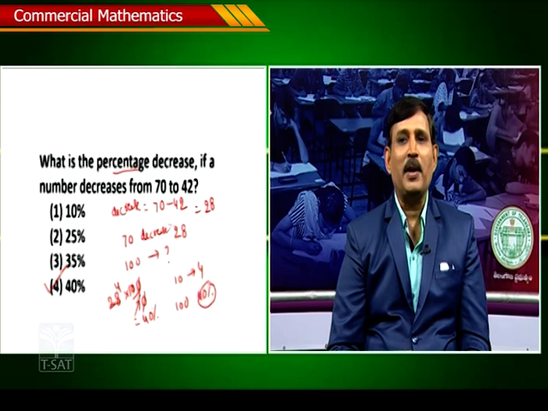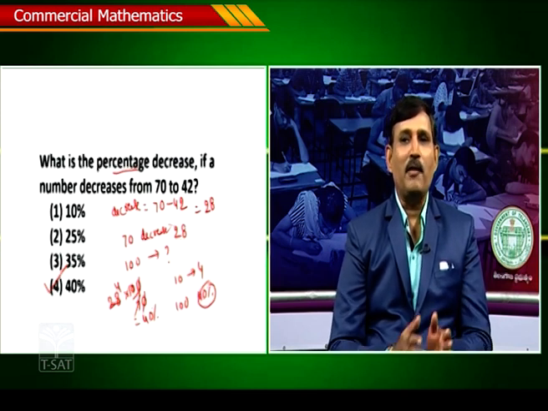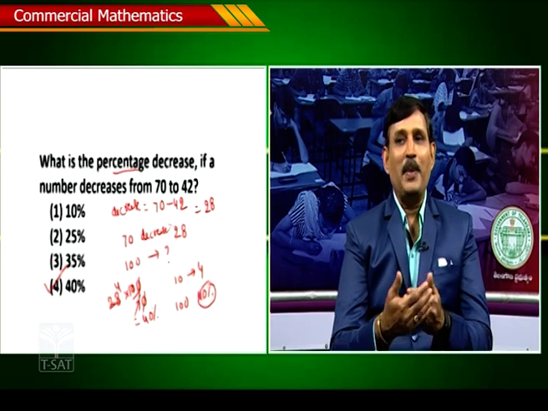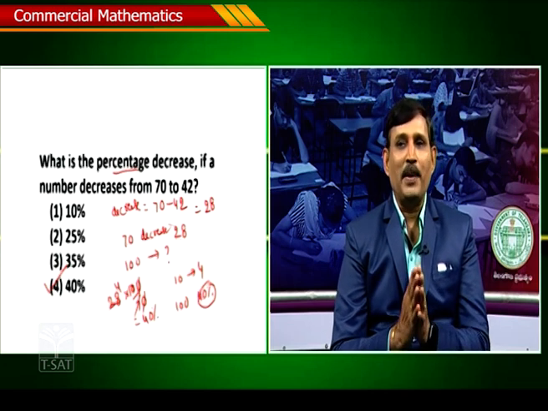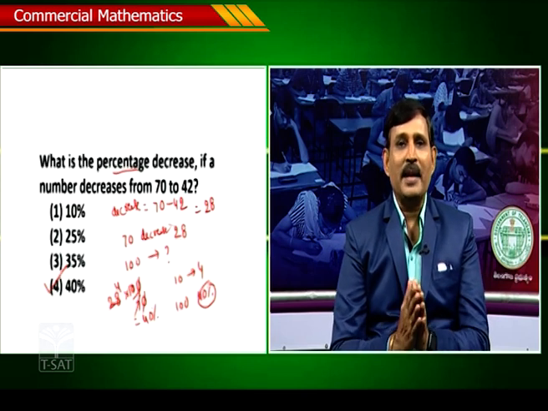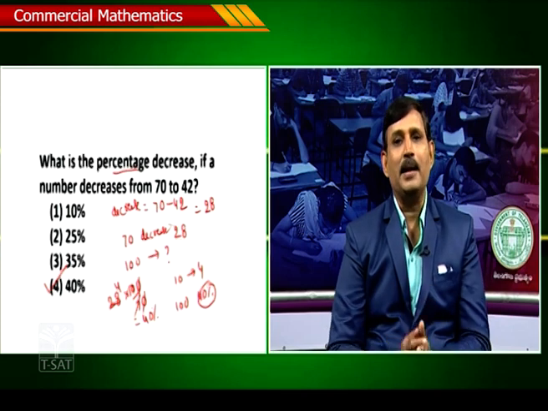Then for 70 it is this much, here in this particular problem it is 28, but every time it need not be 28. So when it is a decrease, it is calculated for 70. Always remember that percentage means per 100, so the calculation is always done per 100. So if it is 100, what will be the decrease? That is what we are calculating there.